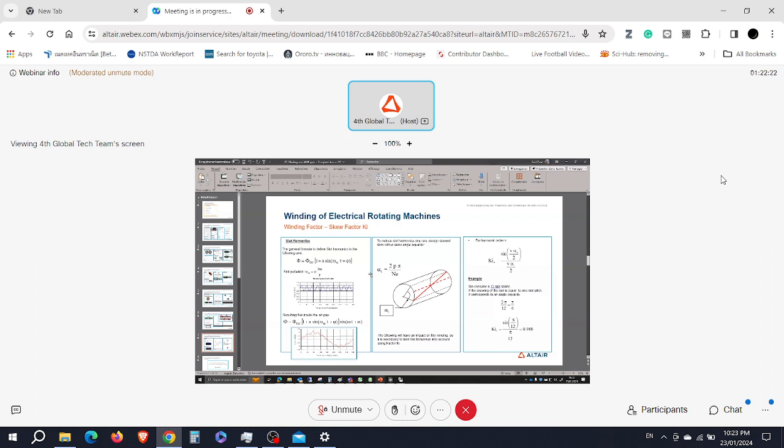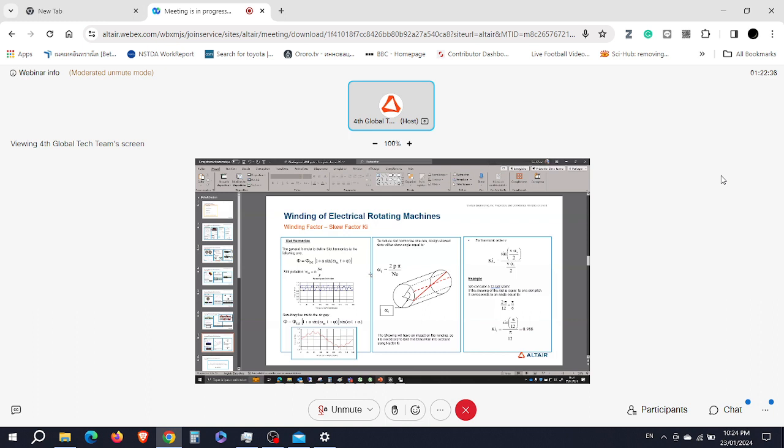We use the skew technique to reduce the harmonics, mainly to reduce the torque ripple.